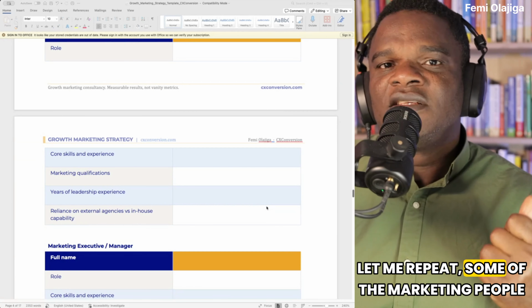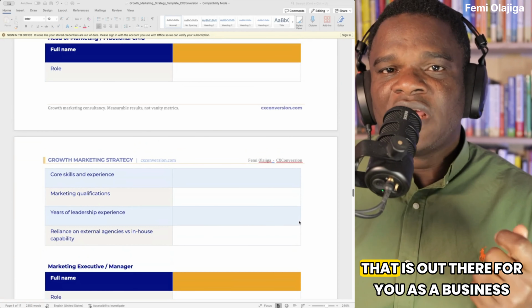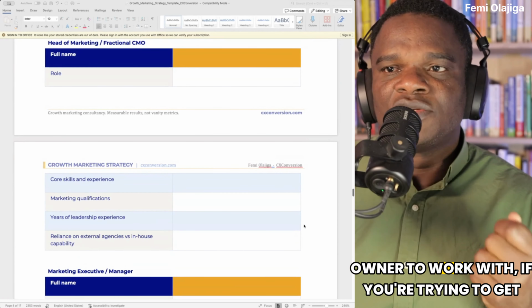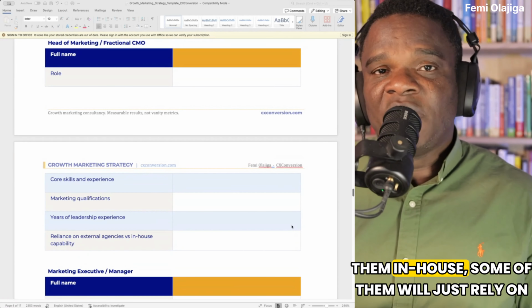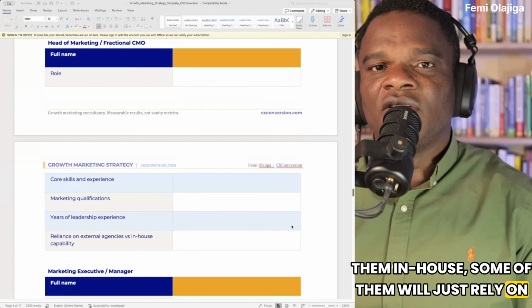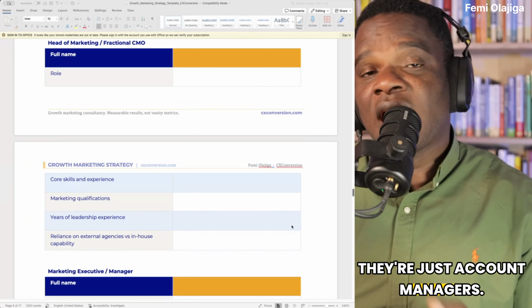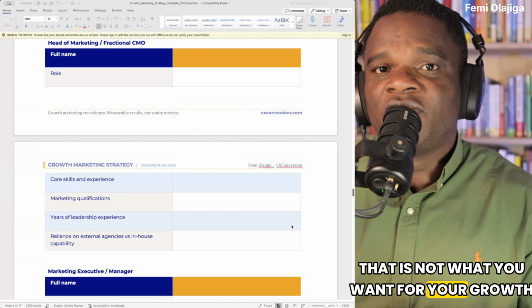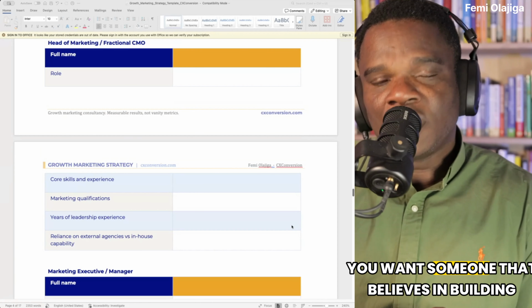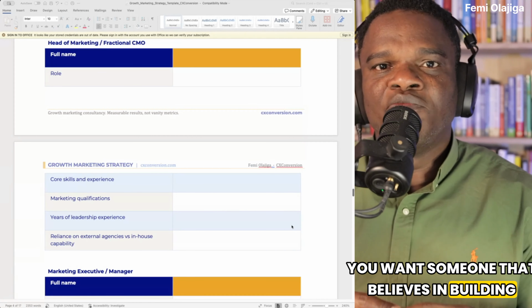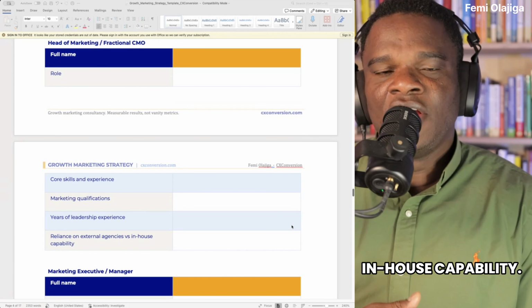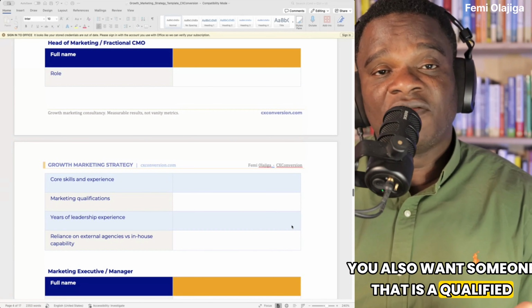Let me repeat, some of the marketing people out there for you as a business owner to work with, if you're trying to get them in-house, some of them will just rely on external agencies. They're just account managers. That is not what you want for your growth marketing strategy. You want someone that believes in building in-house capability. You also want someone that is a qualified marketer.